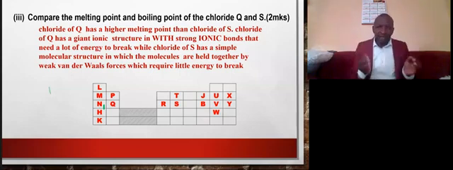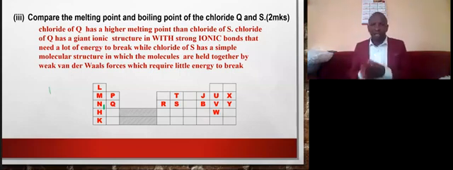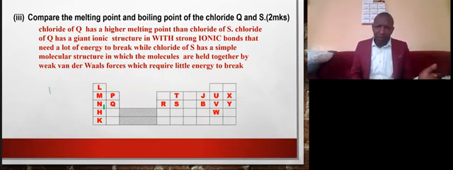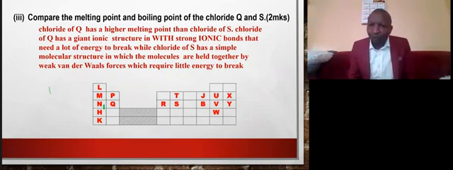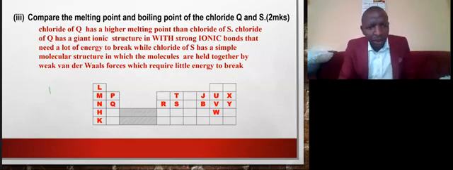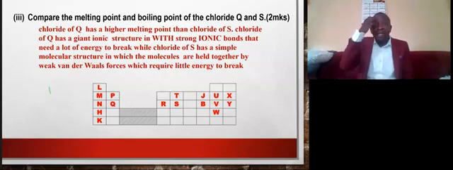If you're comparing sodium and magnesium, you tell us magnesium has a higher melting point than sodium, because magnesium has more delocalized electrons, and therefore it has a stronger metallic bond. Unaelewana? Yes. Good. Then another comparison.